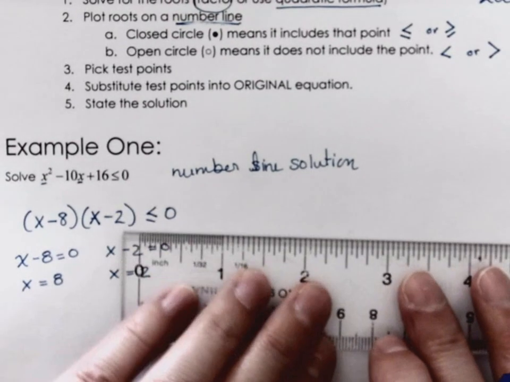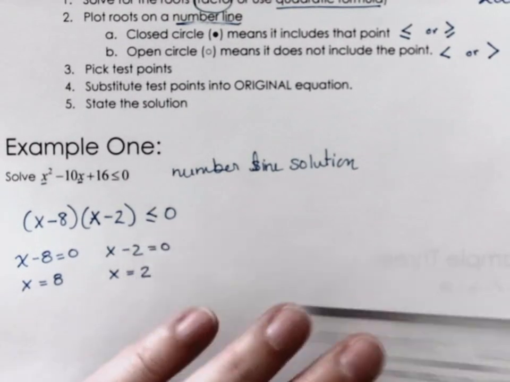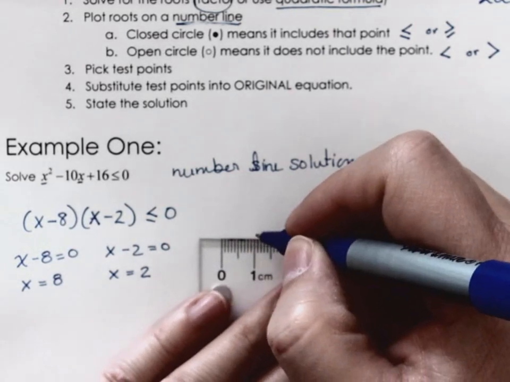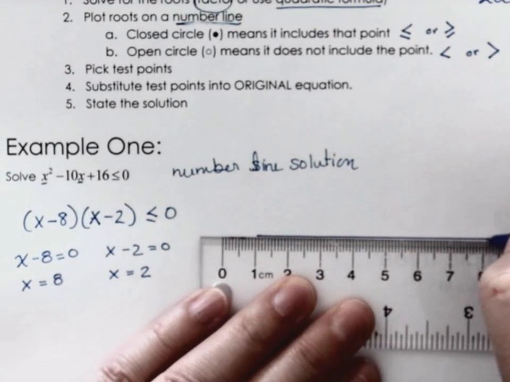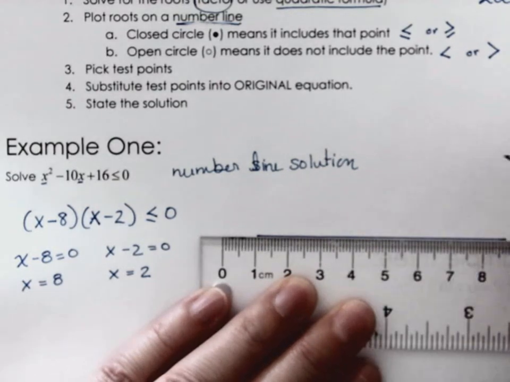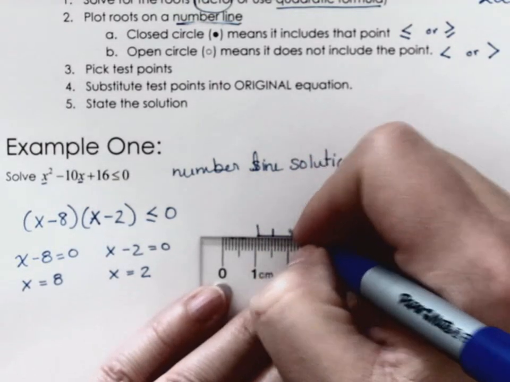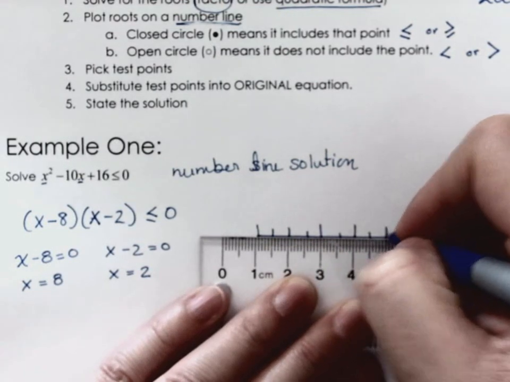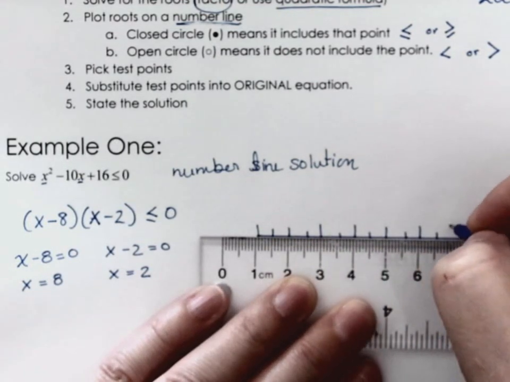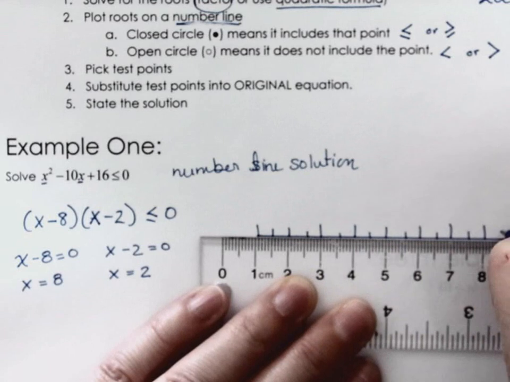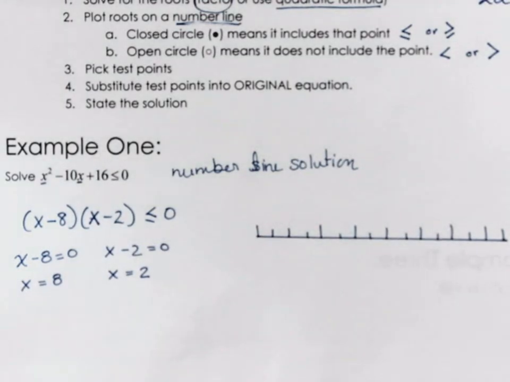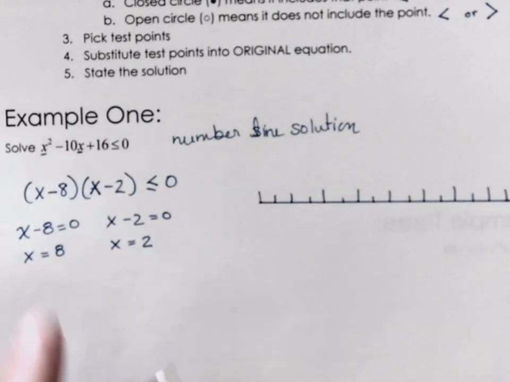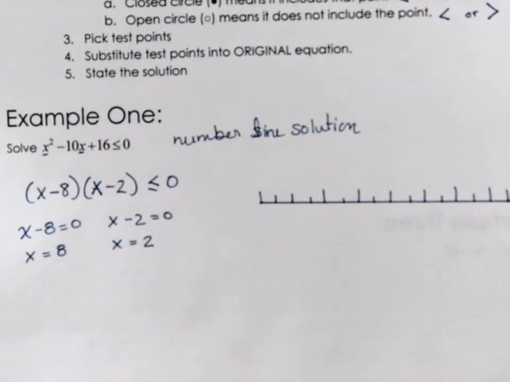So I'm going to put my number line on my page. I like things to be straight, so I always have a ruler close by. And I'm going to put some increments on here. We need a positive 8 and a positive 2 on the number line.